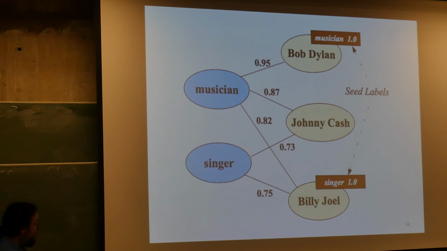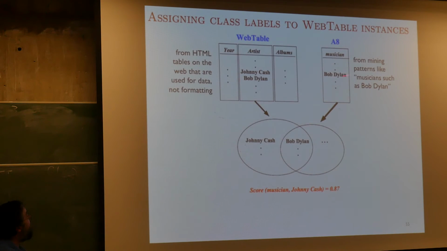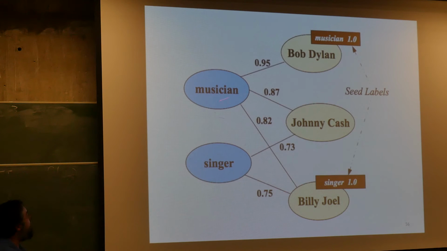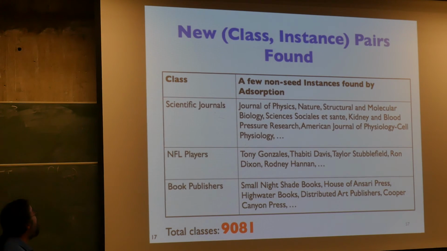So in addition to these labels here from the text patterns, which have some sort of meaning, there are also nodes which are just the IDs of table columns, and things that are in a table column together would also be linked together, right? So we end up with this big graph which basically says how things are connected, and we can treat each of these strings as a label. So we have thousands and thousands of labels, and we can propagate those all through the graph, all right?